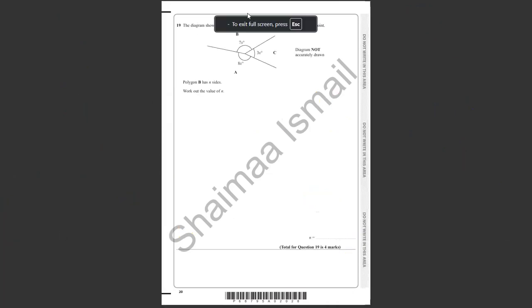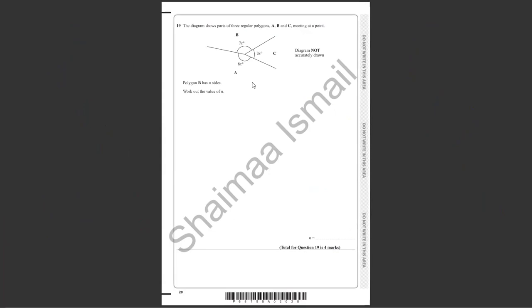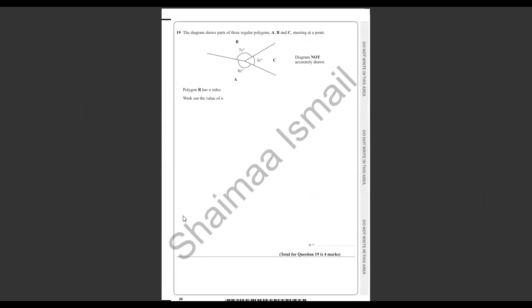Here we have this 360. Okay. And here we have the around-a-point rule, 360. If you go around this point, you have 360 degrees.